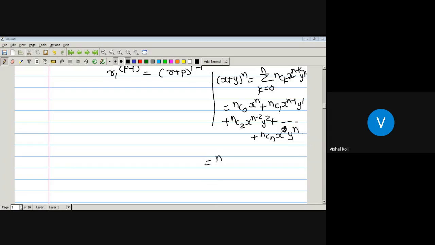What is n c0? n c0 is n factorial divided by n minus 0 factorial into 0 factorial. As 0 factorial is 1, it is n factorial divided by n factorial. What is its value? 1.